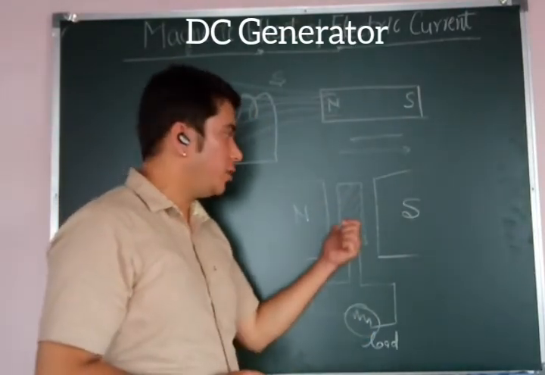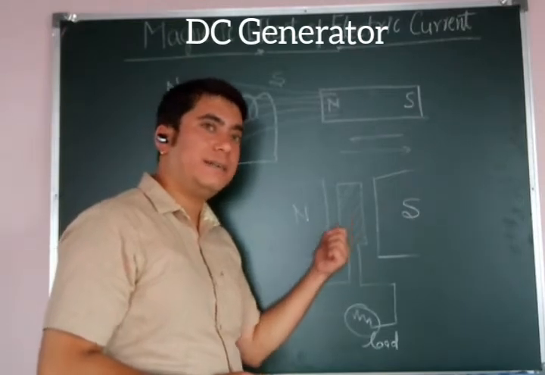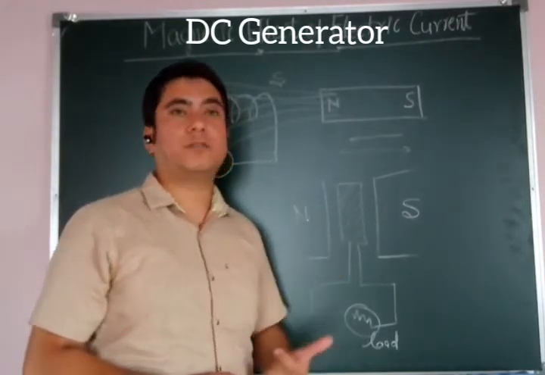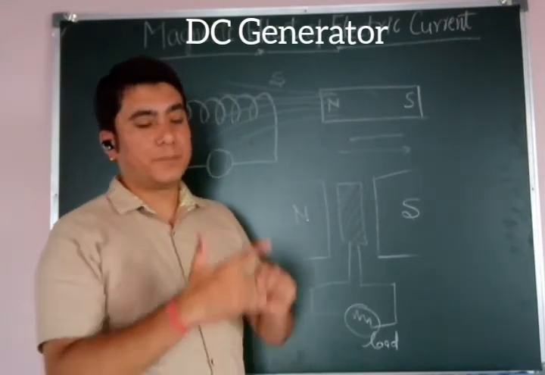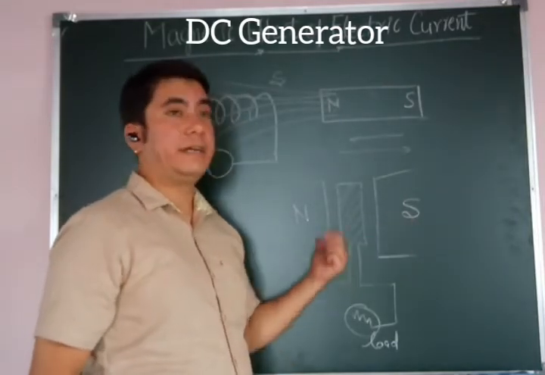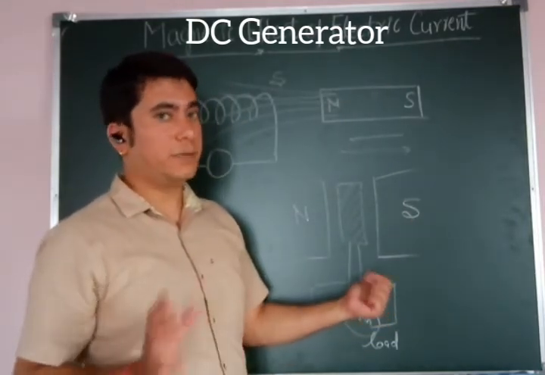So this direction of induced current, जो इसमें induced current है स्टूडेंट, उसकी डायरेक्शन को हम कैसे फाइंड करेंगे? उसकी डायरेक्शन को फाइंड करने के लिए we will use here Fleming's rule, and this is the principle of DC generator. What is the principle?